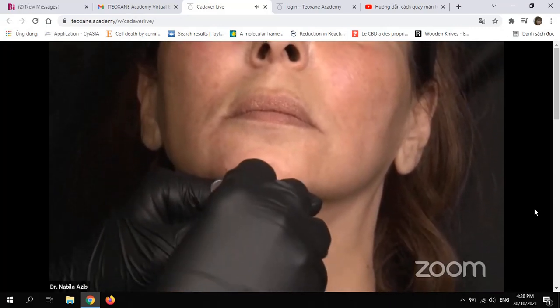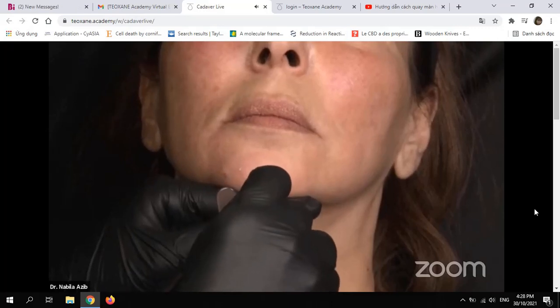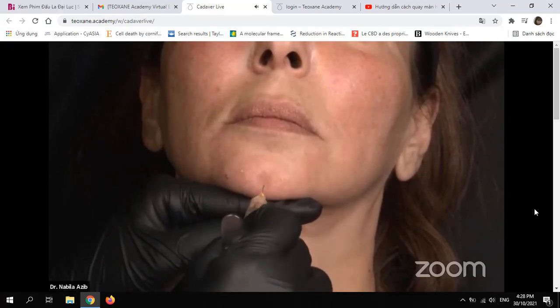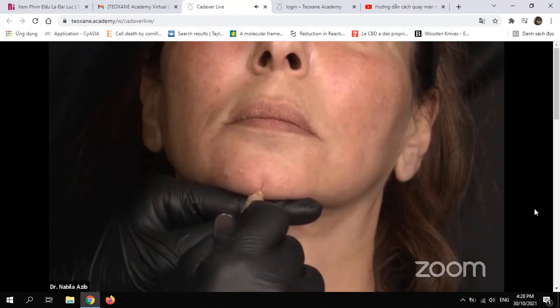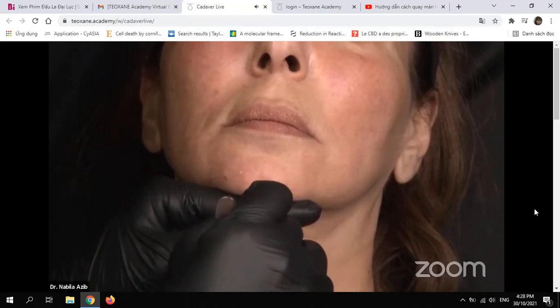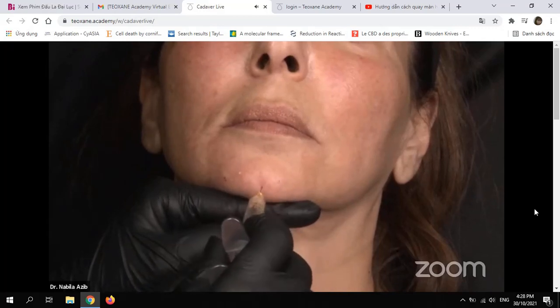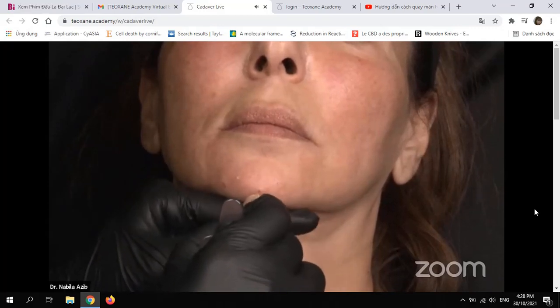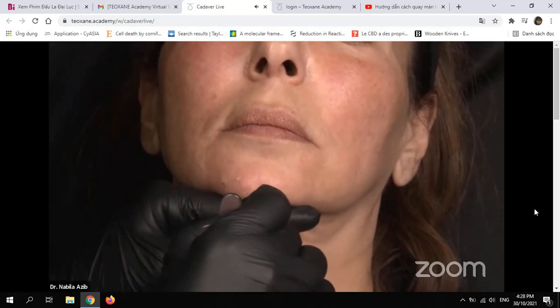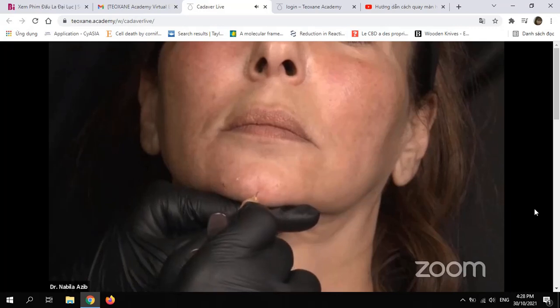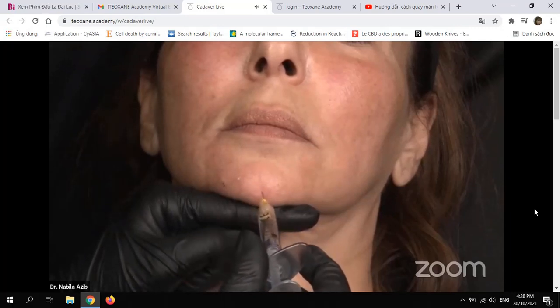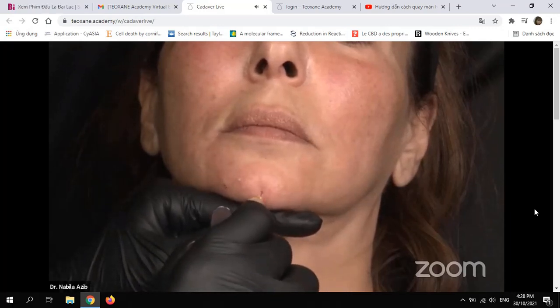In the midline, we know, and Patrick showed you already, that we don't have any ascending mental artery in the midline. They are always bilateral, running inside the mentalis muscle. Usually in the studies, we find that the ascending mental arteries are lateral to the midline, of course, but one is always bigger than the other.